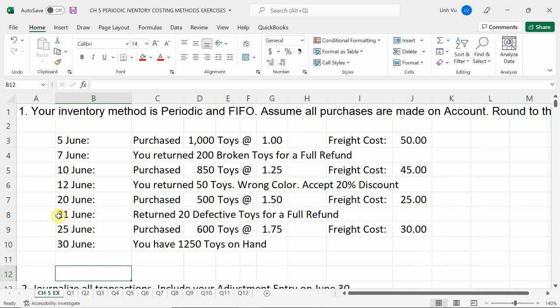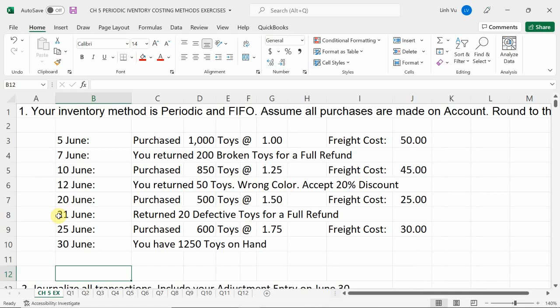But rule of thumb is, remember, this is only one segment in a business: making purchases. When we come across the class project, we're going to be journalizing more than just inventory. We're going to be journalizing sales. We're going to be doing a lot of journalizing.